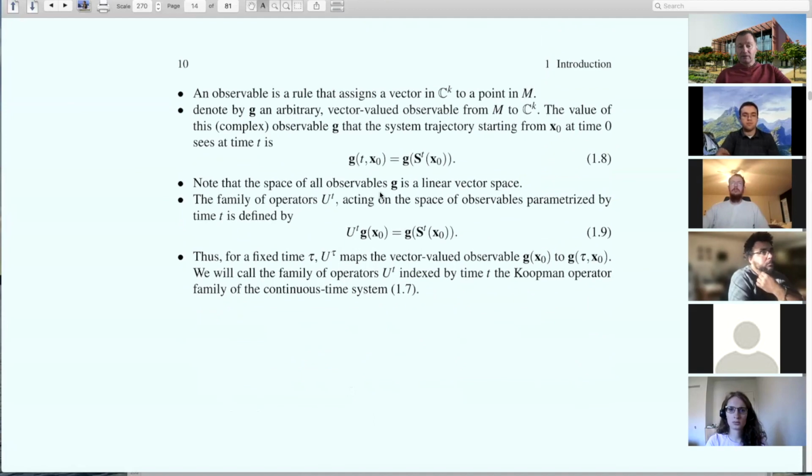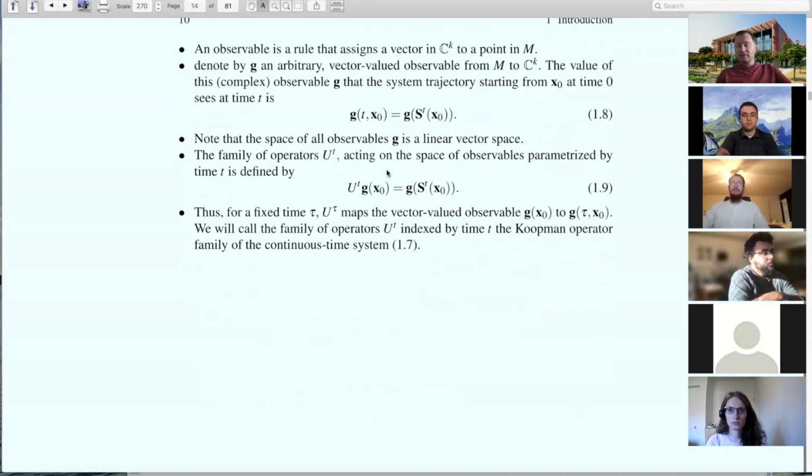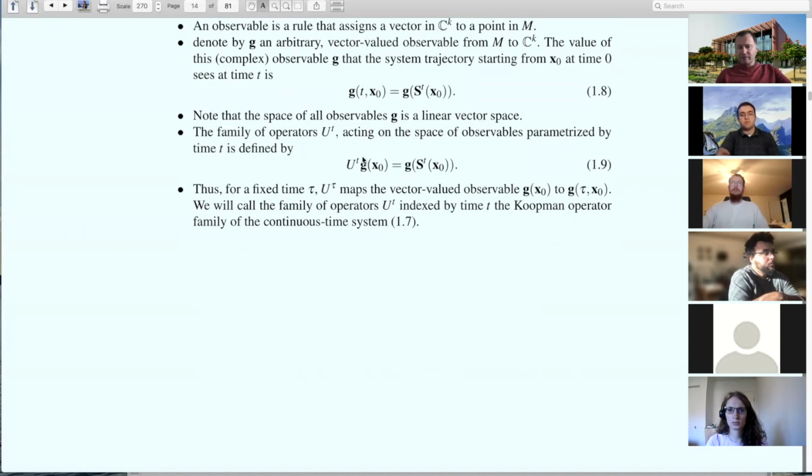All right, so now the key moment is, okay, I have some function g that's a function of initial conditions. As I said, that's a static object. But I can ask, how does it change in time at these initial conditions? And so for that purpose, I'm going to compose my g, which is a function, with the map St. So this is what I talked about pictorially. At x0, the value of the function at time t is going to be g observed at St of x0.